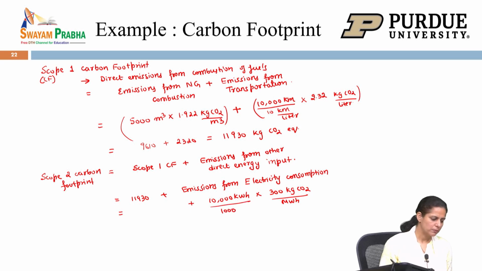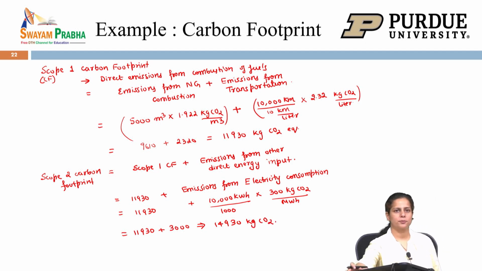So, we divide by 1000 and that gives us that is equal to 14,930 kg CO2 equivalent of scope 2 carbon footprint.